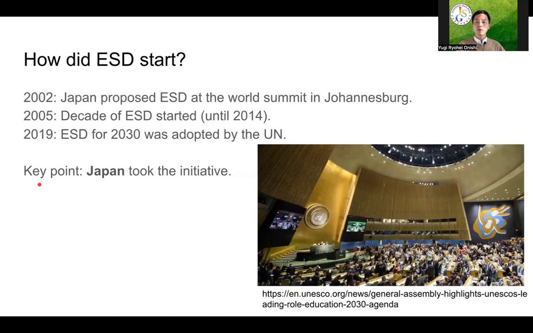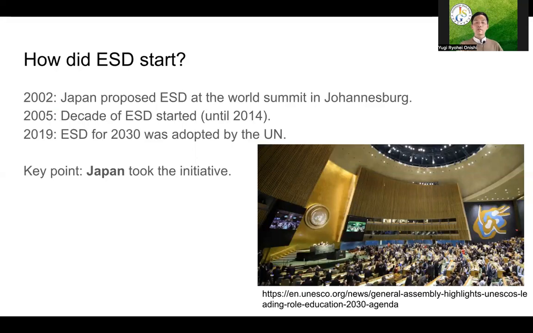So let's talk about the brief history of ESD. We are very proud as Japanese people that ESD was proposed, suggested by Japan. So Japan proposed ESD at the World Summit in Johannesburg in South Africa. That was in 2002. So now it's 2023, so it's 21 years ago.